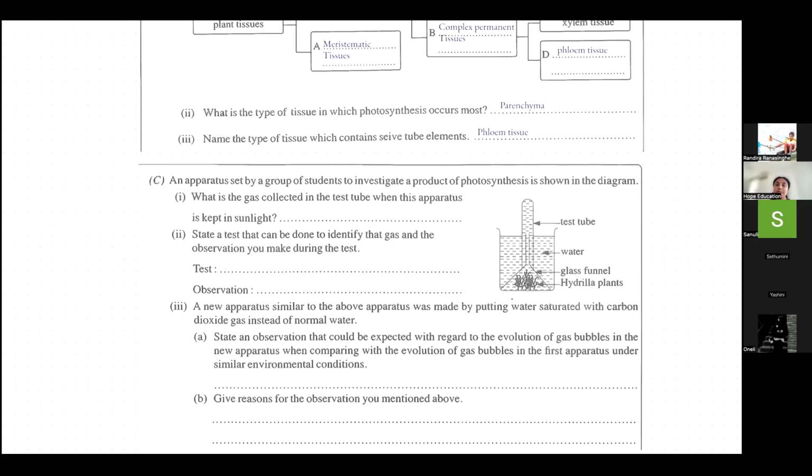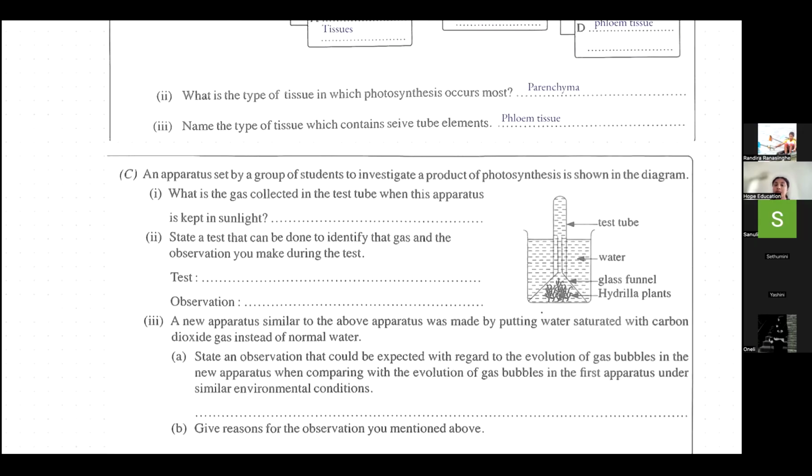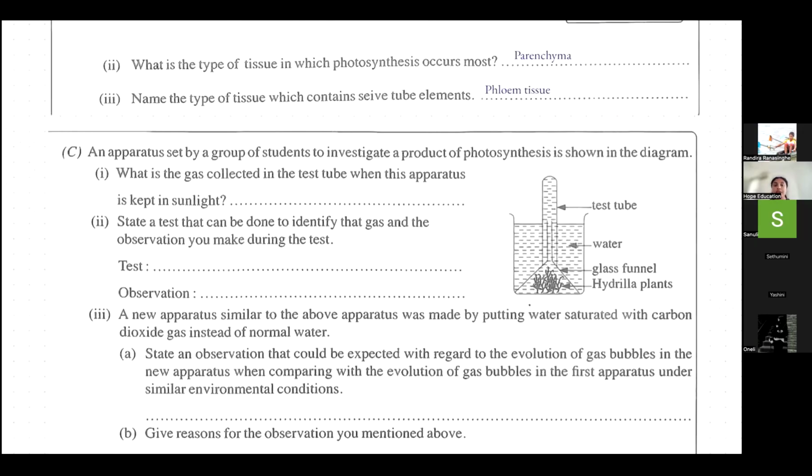An apparatus set by a group of students to investigate a product of photosynthesis is shown in the diagram. There is a Hydrilla plant, glass funnel, then we have water, we have a test tube. What is the gas collected in the test tube when this apparatus is kept in sunlight?